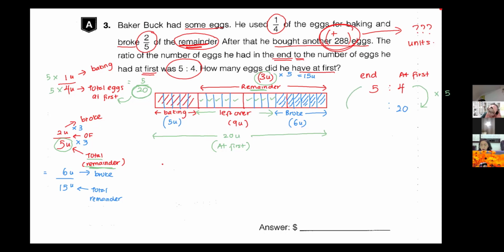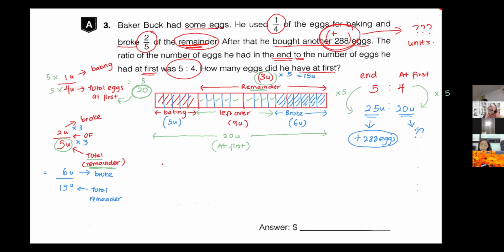So from 4 units to 20, I times 5. So over here, you must also times 5. 5 times 5 gives you 25 units. 20 units is what you have at first. Now, this 25 is inclusive of the 288 eggs.